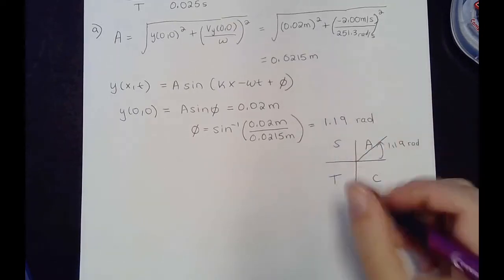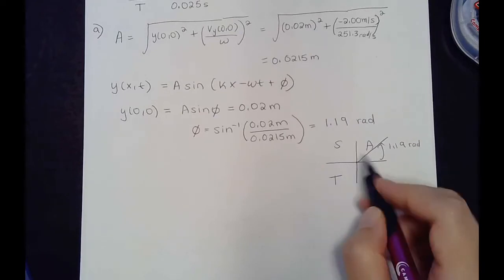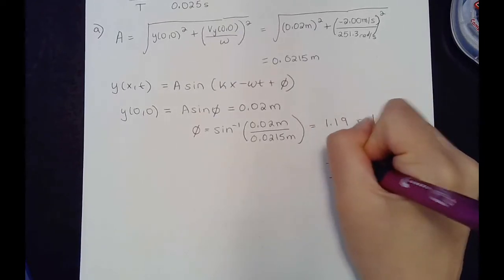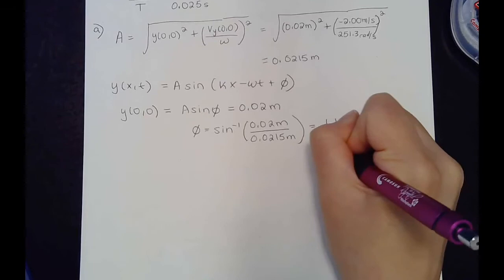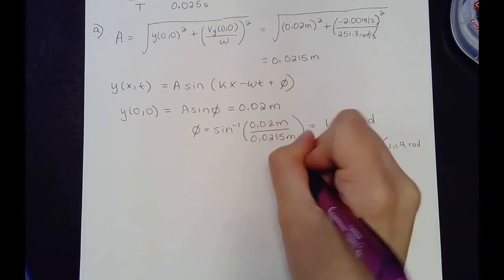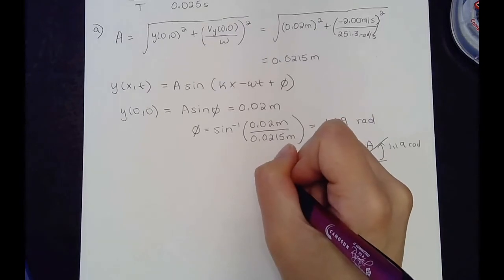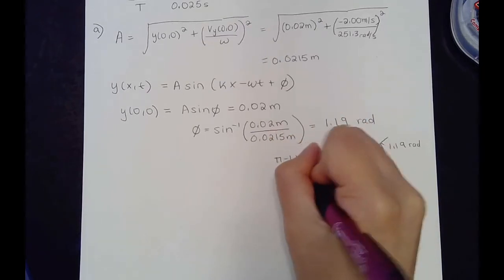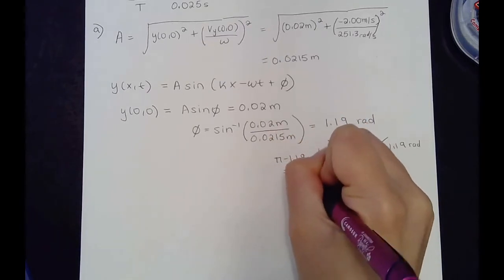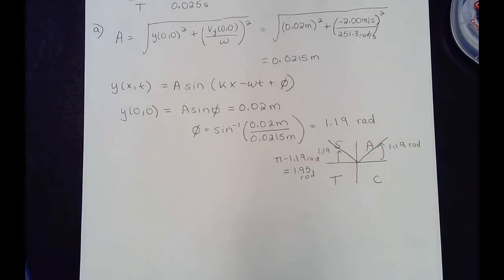That means sine is positive in both upper quadrants. So we also have 1.19 radians over here, which is pi minus 1.19 radians, or what is that, 1.95 radians. Okay, so let's check both.